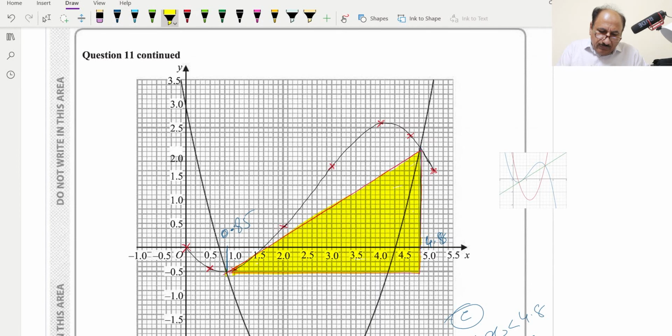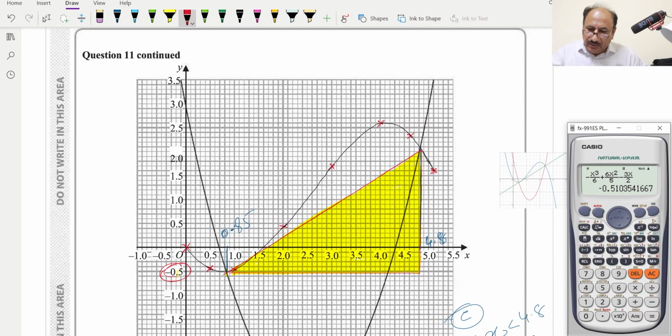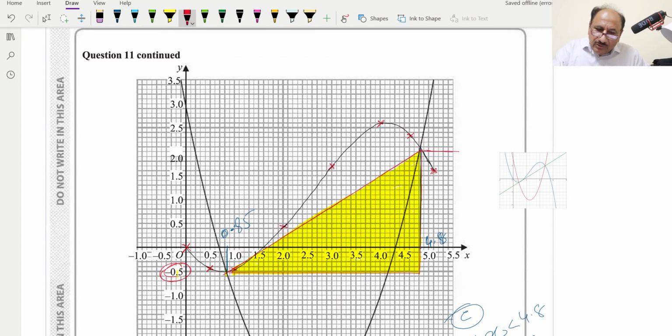So the y value will be minus 0.5. So from minus 0.5 to this value, which is basically we can find for 4.8. We can calculate for the x value 4.8, and this will give us 2.01. So this variation will be 2.01, and this will be 0.5.